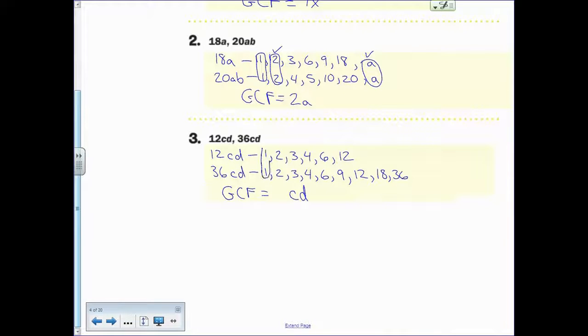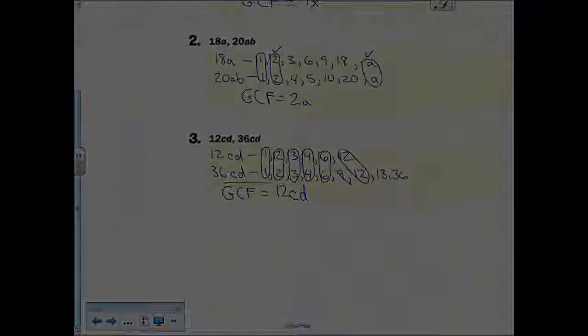So you can see 1 is a factor, 2 is a common factor, 3 is a common factor, 4 is a common factor, 6 is a common factor, 9 is not, but 12 is. In fact, 12 goes into 36, so right away, our greatest common factor had to be 12. So the greatest common factor of 12CD and 36CD is 12CD.